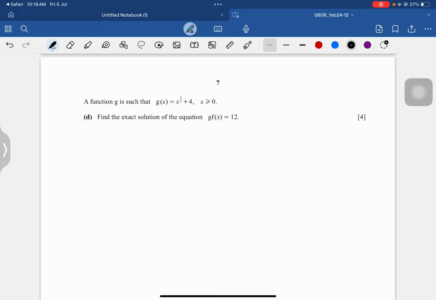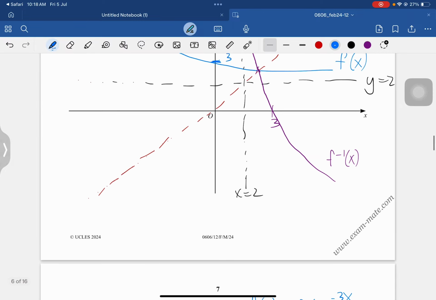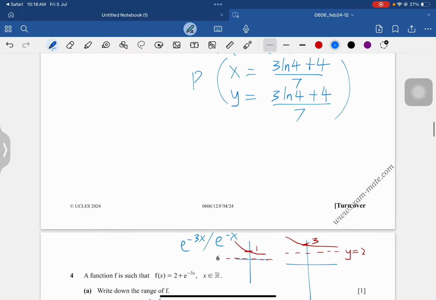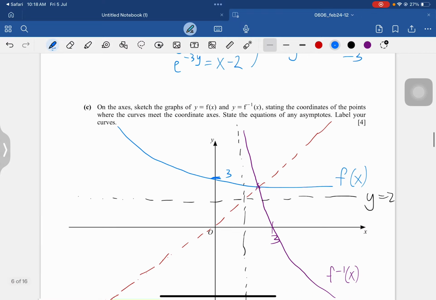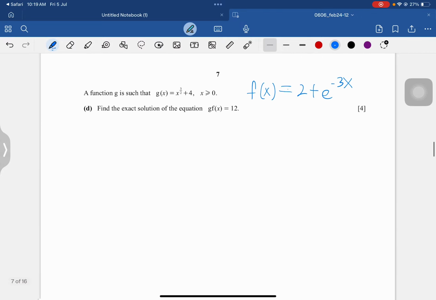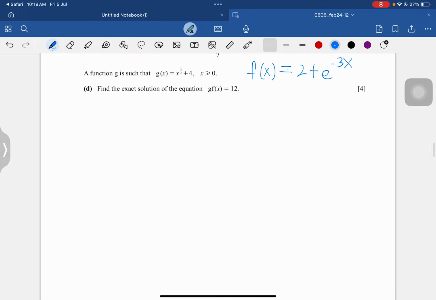Find exact solution. Okay, let's refer to what my f(x) is. 2 plus e to the minus 3x. Yeah, 2 plus e to the minus 3x. Okay, so gf(x) equals to 12.